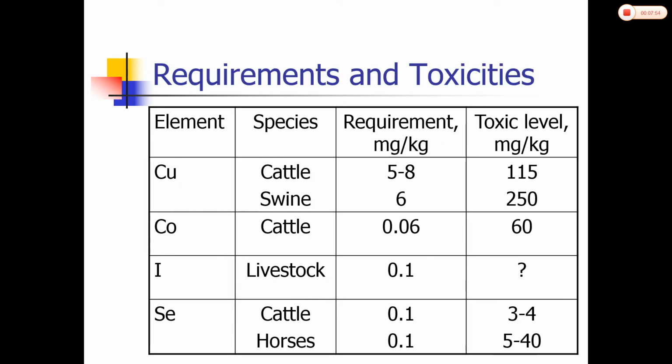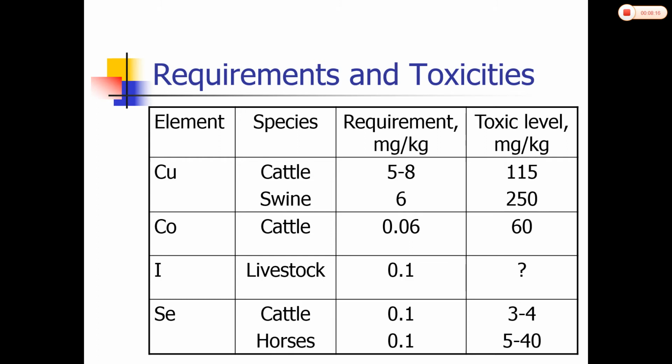So you can see here the various elements such as copper, cobalt, iodine and selenium. They are usually required in given amounts, but the body can tolerate up to very high levels. For example, the requirement for copper for cattle is 5 to 8 mg per kilogram body weight.